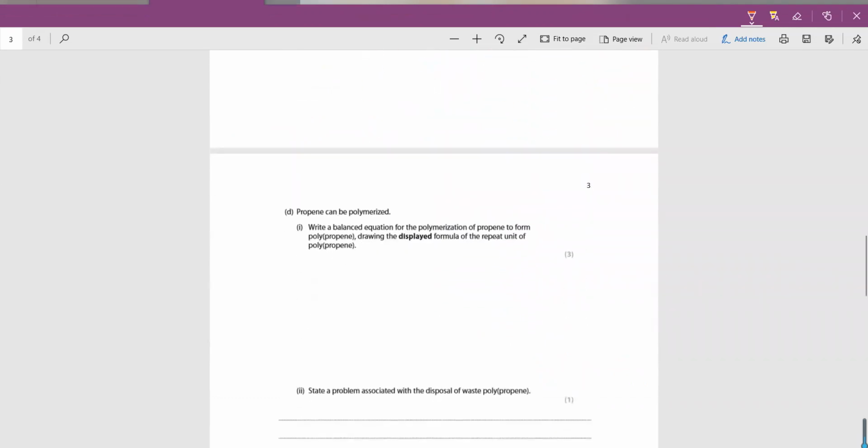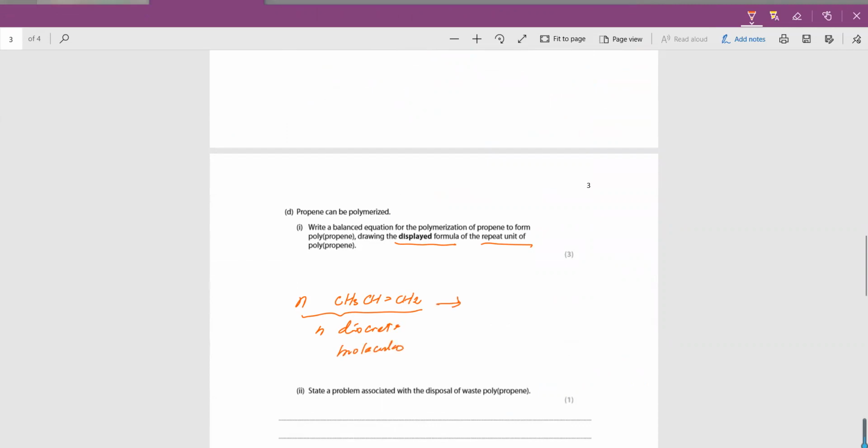Propene can be polymerized. Write a balanced equation showing the displayed formula of the repeat unit. So we have n propene molecules. They are discrete molecules, separated before the polymerization.